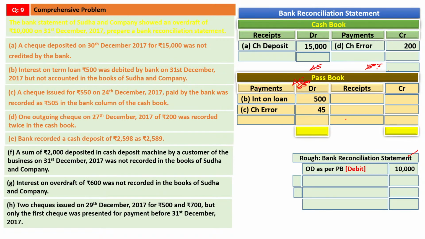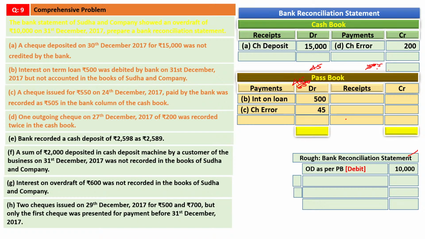E. Bank recorded a cash deposit of rupees 2,598 as 2,589. So our deposit, rather than 2,598, we have shown that as 2,589. Isn't it? Then it is undercasting, right? Rather than 2,598, shown as 2,589. 9 rupees lesser, undercasting. Undercasting means that value should be in the opposite side.